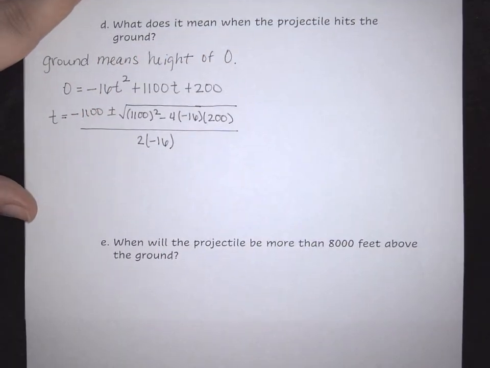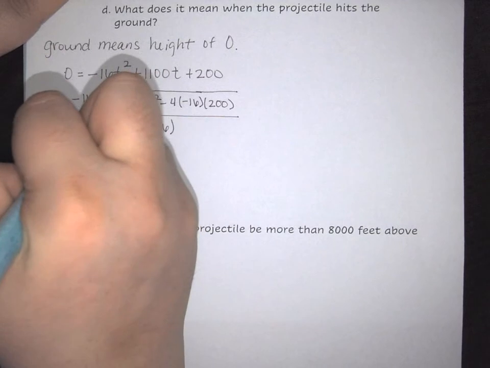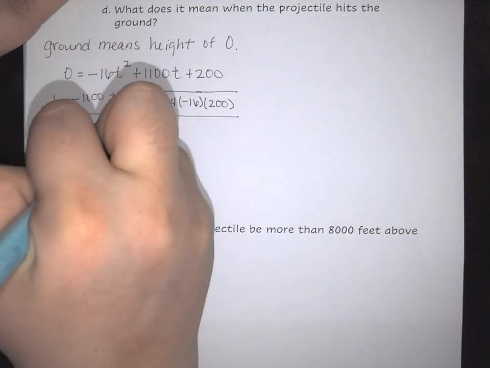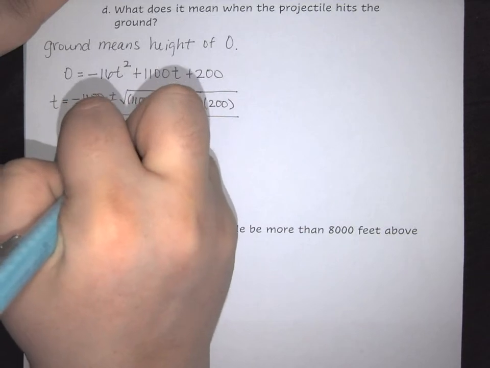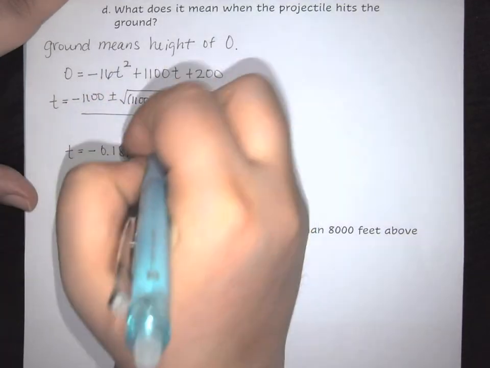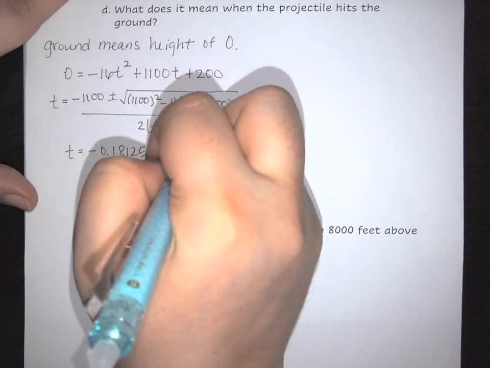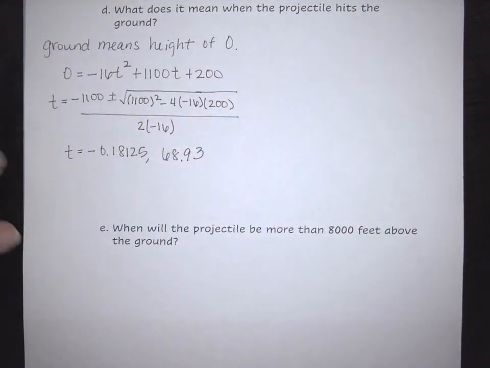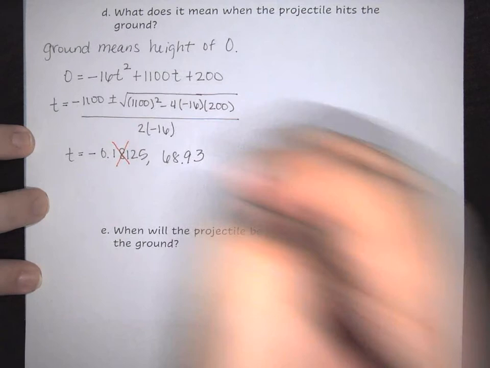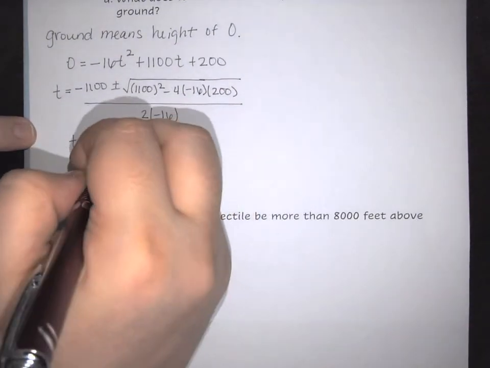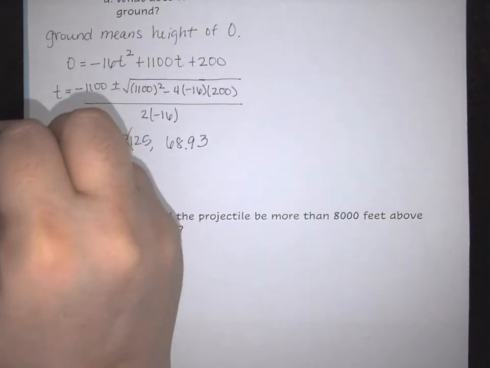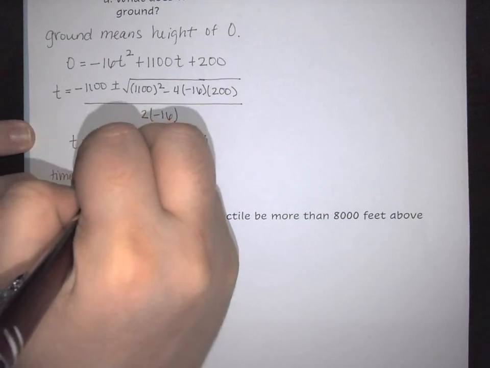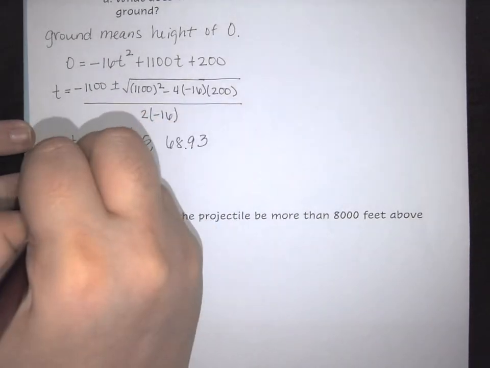And so we would go ahead and reduce that down, and we would end up finding that t is negative 0.18125 or 68.93. Now in this case we would cross out the negative, and the reason for that is because your time cannot be negative.